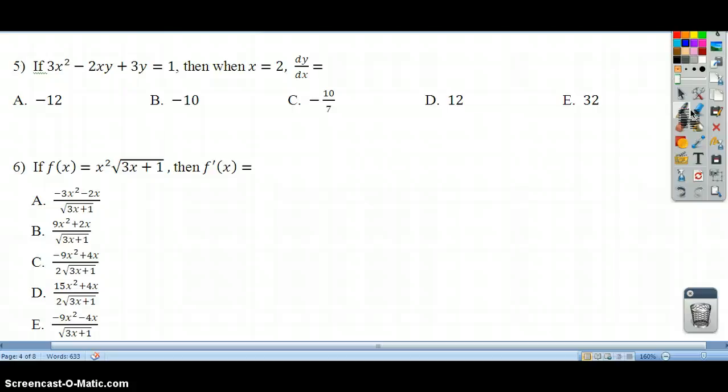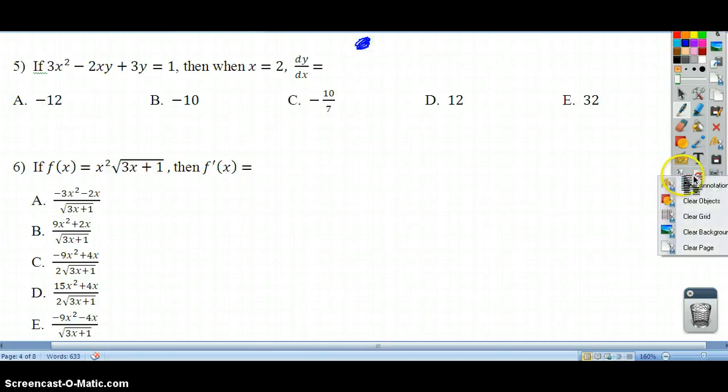So we're going to say 6x, and what really is dx, but I'm not going to write that. A, it takes too long, and B, it's just going to be 1. So every time I take a derivative of y, I'm going to remember to put the dy/dx.